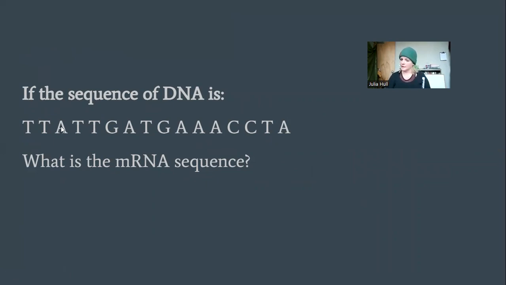A's match with T's in DNA, but in RNA, we give it a U because it has uracil instead of thymine. So make sure that whenever you are thinking, okay, I'm in DNA or I'm in RNA land, here I am talking about RNA, I'm going to think uracil instead of thymine. Okay, that's where students get hung up a lot. So make sure that that's clear to you. And if it's not, you can come talk to me because my job is to help you know this stuff.